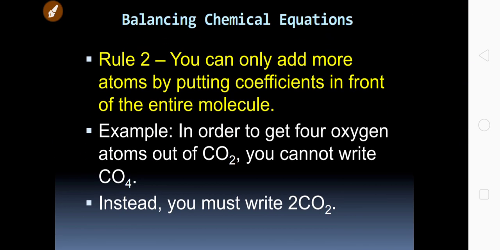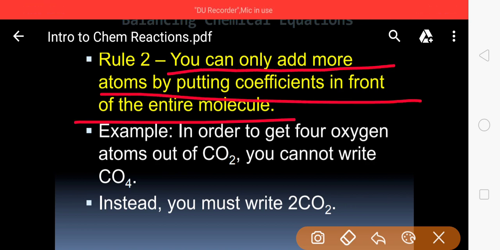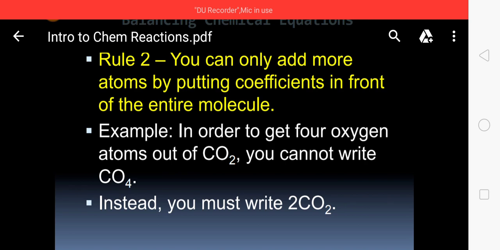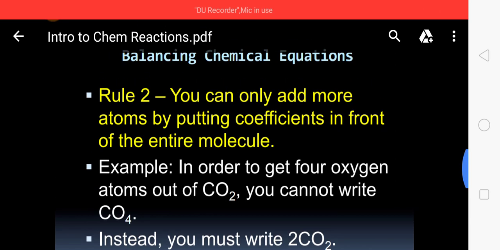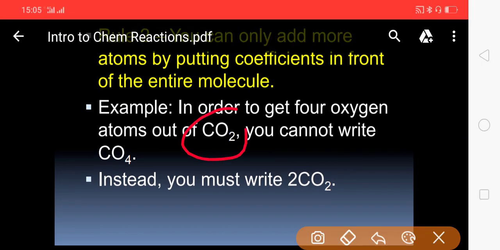Rule number 2 is that you can only add more atoms by putting coefficients in front of the entire molecule. What is the meaning of this? Let us understand. For example, you have carbon dioxide, CO2, and you want 4 oxygen atoms.